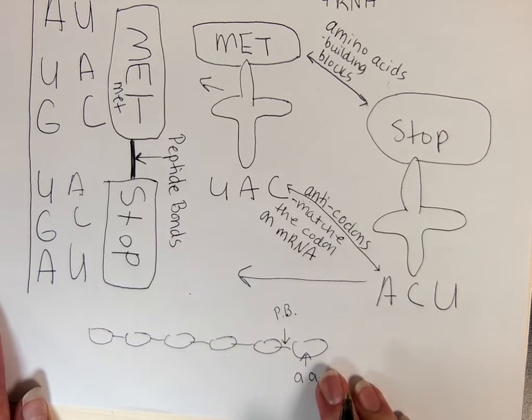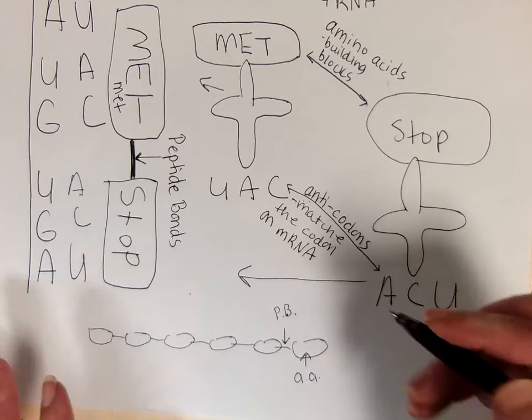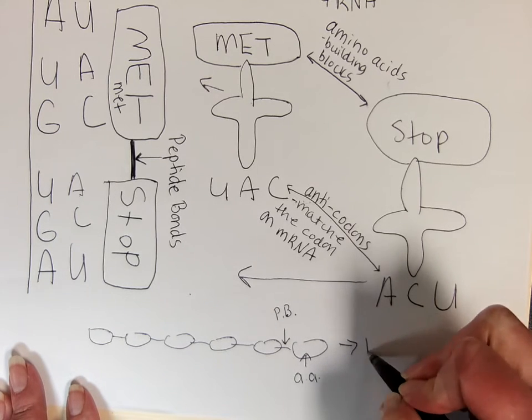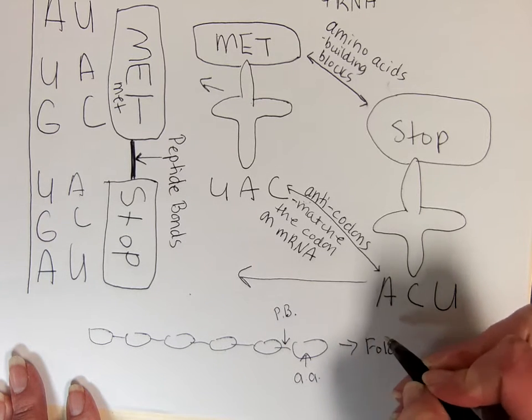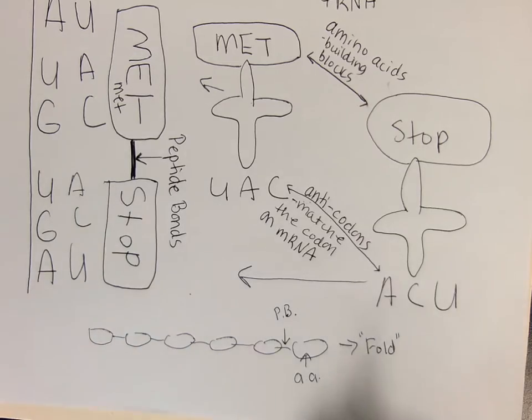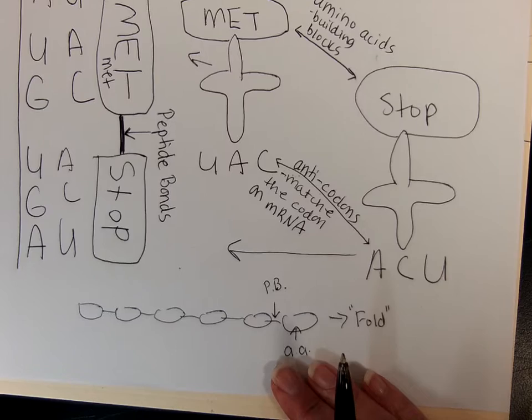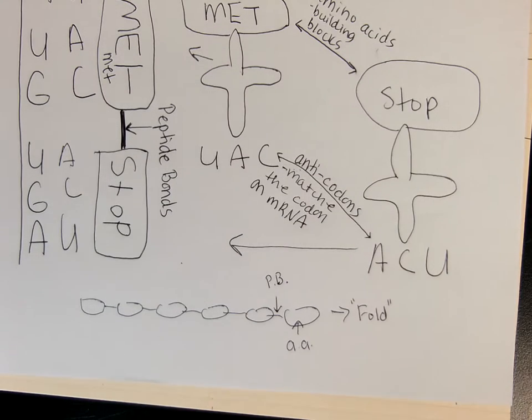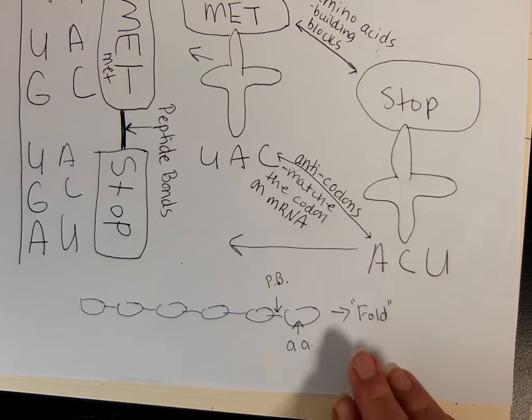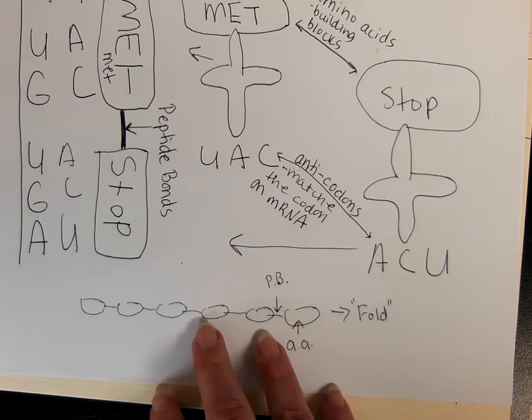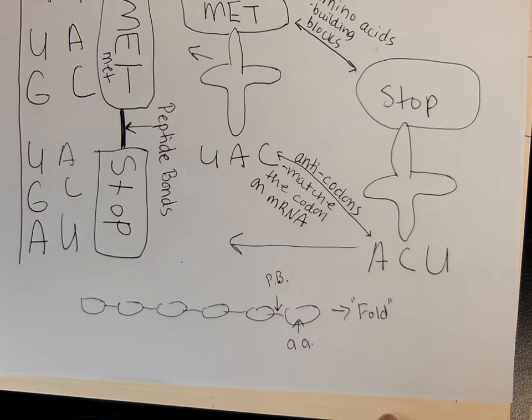Now once your protein is completed, then it's going to fold into the shape that it is meant to take. And when it comes to proteins, and this is something that we talked about way back when, their structure is going to determine their function.